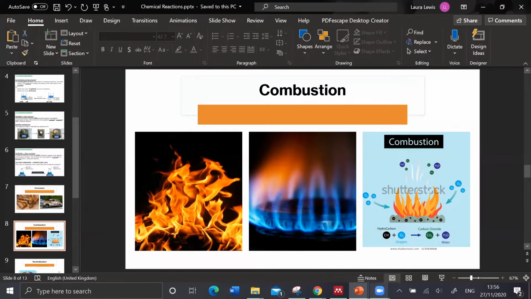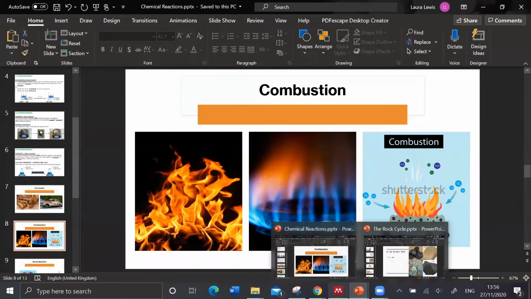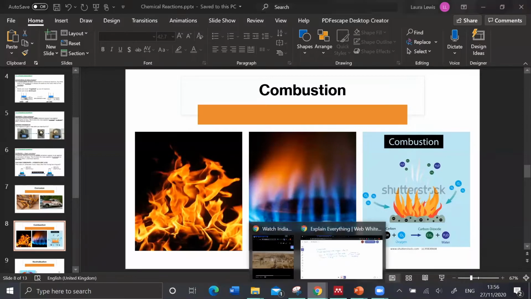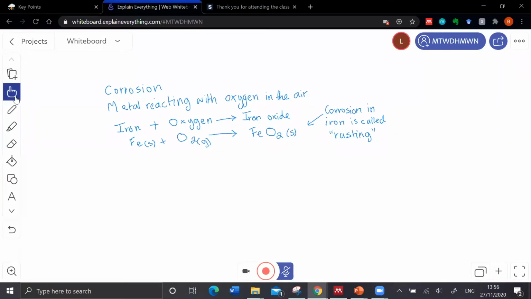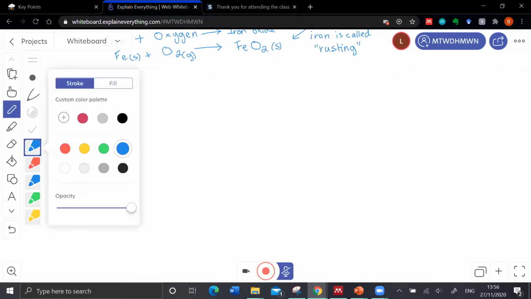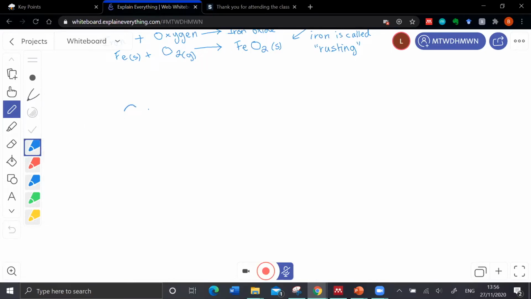Okay, so let's go back to the whiteboard. Corrosion, let's just get rid of that for a minute. Let's look at combustion, things that occur in a house.